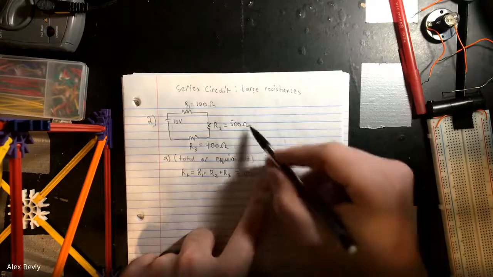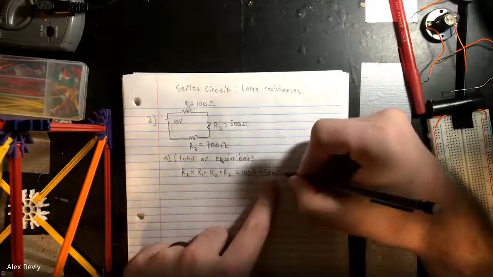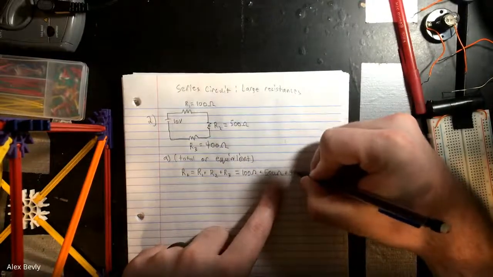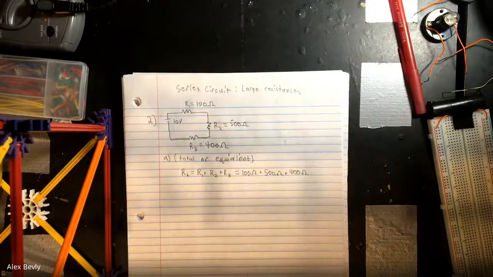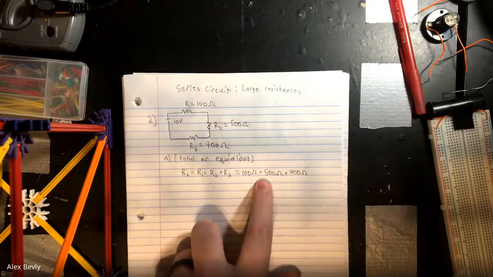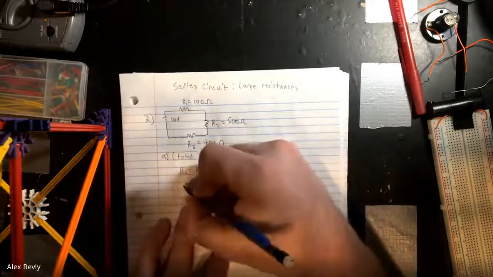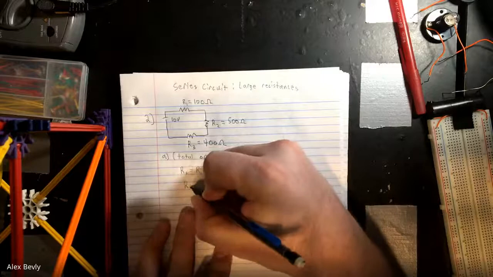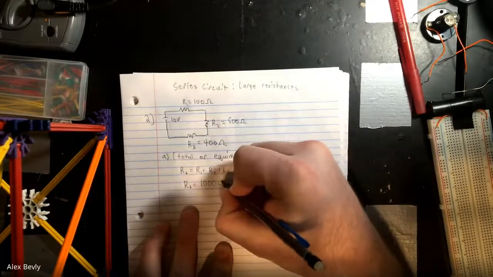Then R2, this person is new and they kind of suck at checking people out, so they have a really big resistance. And then this person is a little bit better. They've been there for like a week, so they're a little bit better at checking out your groceries. So you add these up, 100 plus 500, 600 plus 400 is 1,000. So we have a total or equivalent resistance of 1,000 ohms.